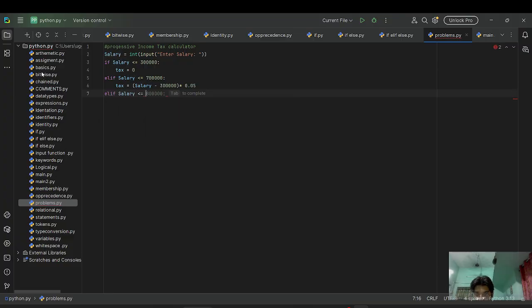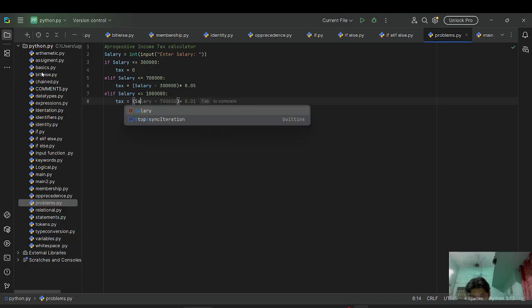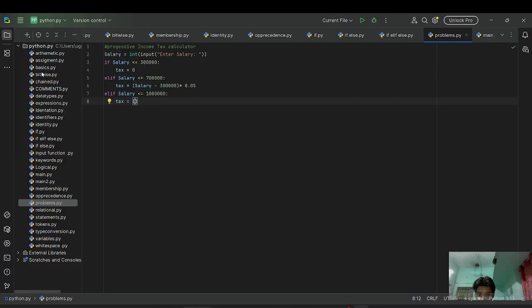Then salary less than or equal to, let's take 10 lakh. Now let's take tax equal to, take it 4 lakh.